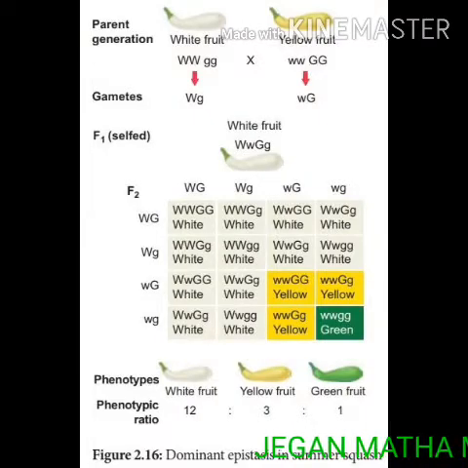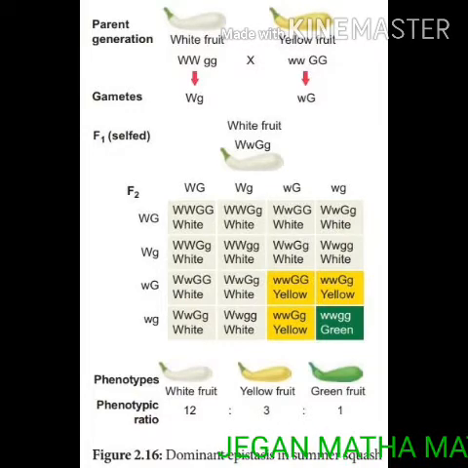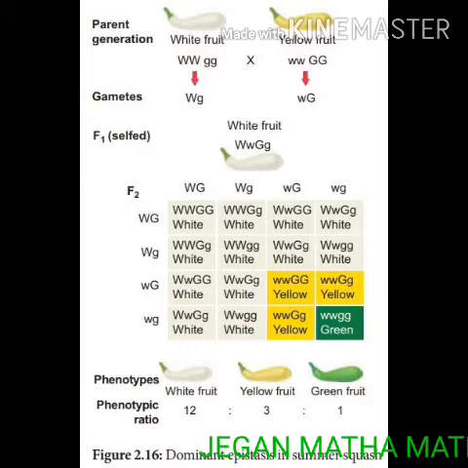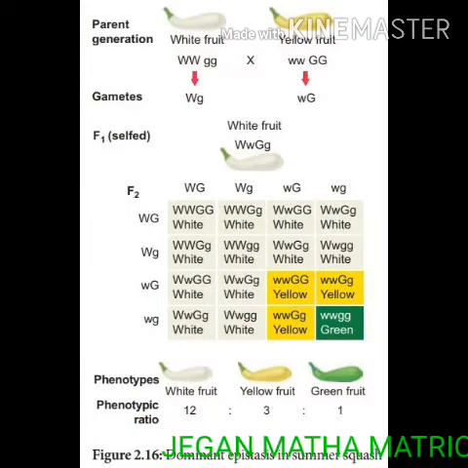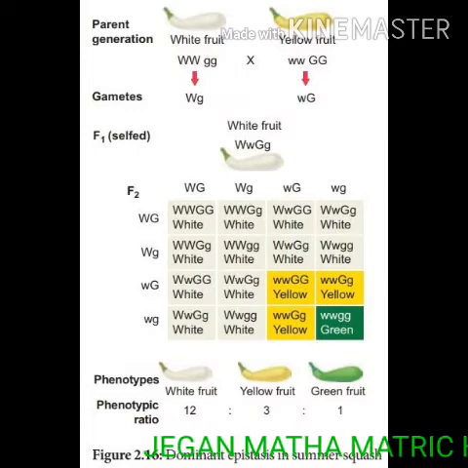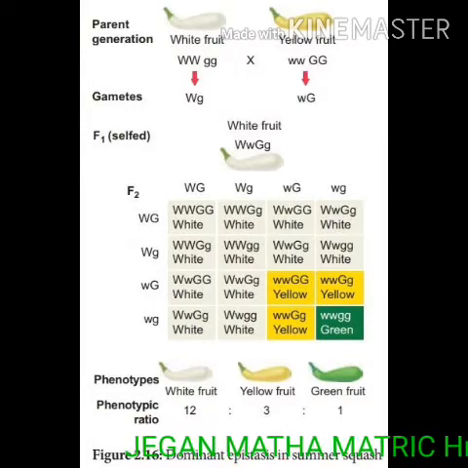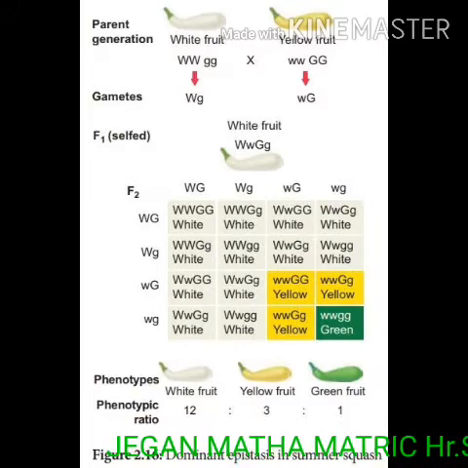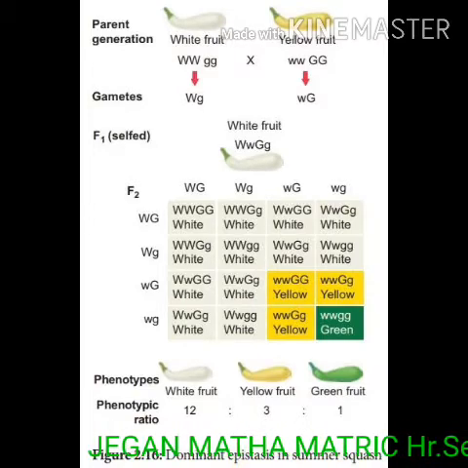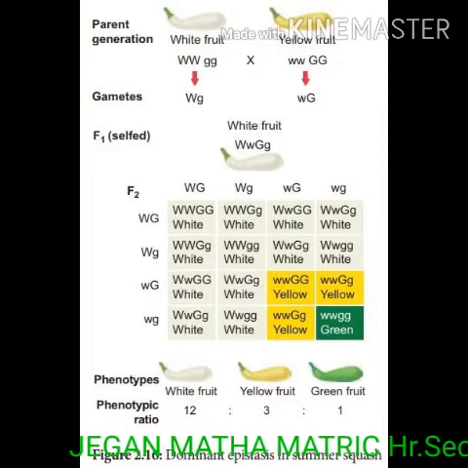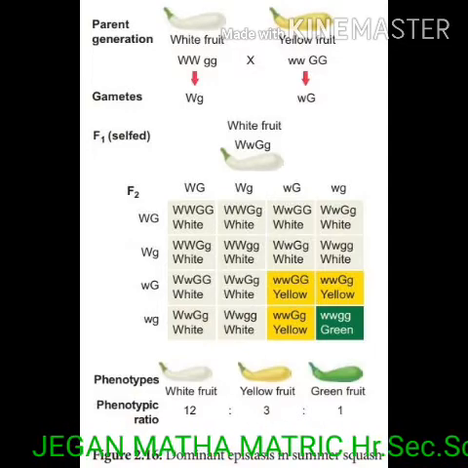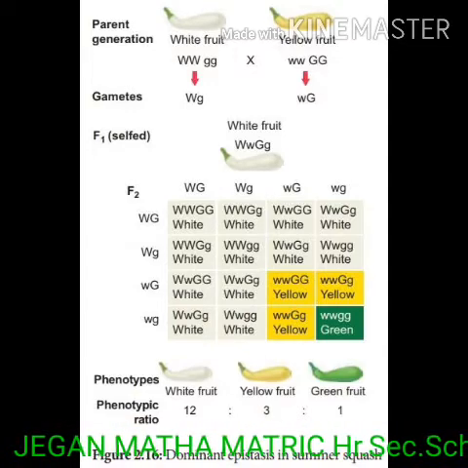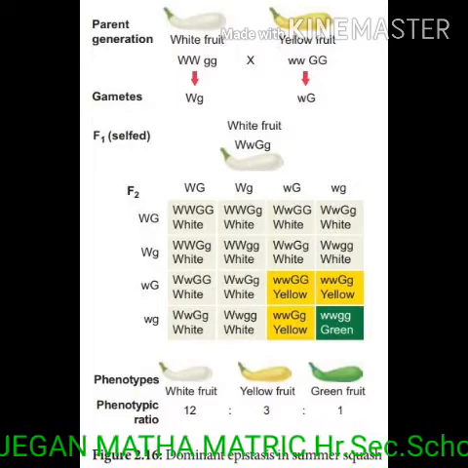When both genes are present together, the phenotype is determined by the epistatic gene and not by the hypostatic gene. In summer squash, the fruit color locus has a dominant allele capital W for white color and a recessive allele small w for colored fruit. Capital W is dominant and masks the expression of any color.